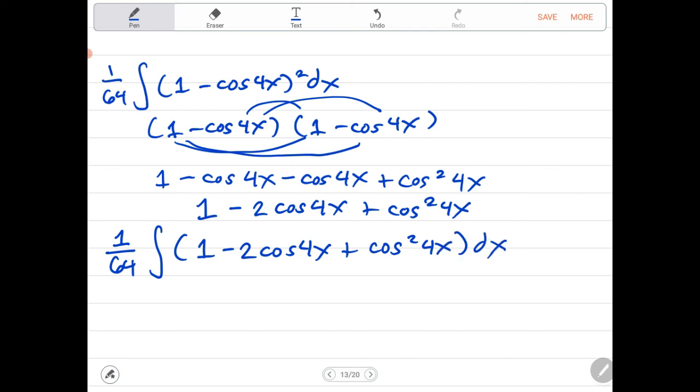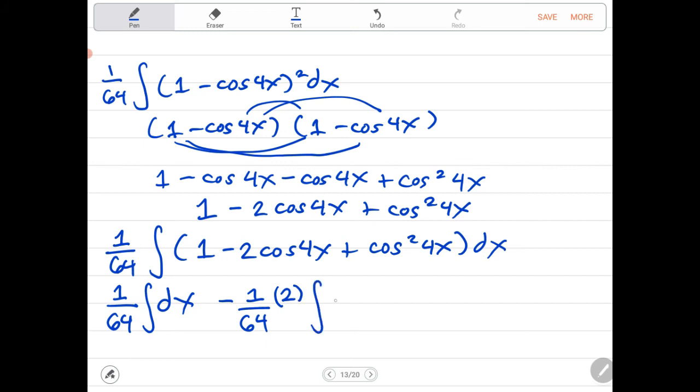So, let us distribute the integral of 1 over 64, then distribute the dx. So, the first term, 1 over 64, the integral of dx. Okay? So, minus, we have 1 over 64 here. Okay? Then the constant 2.